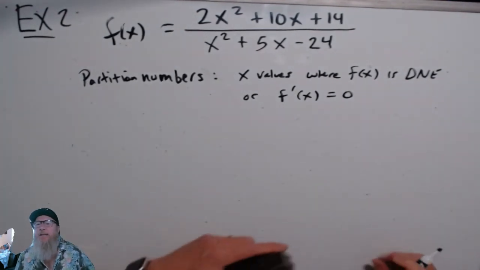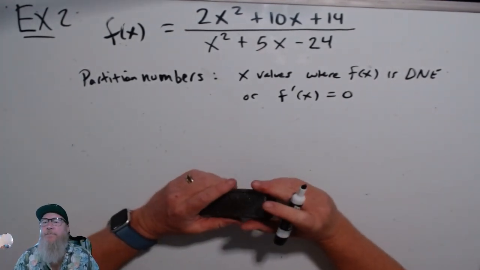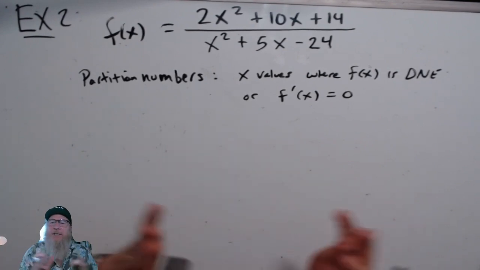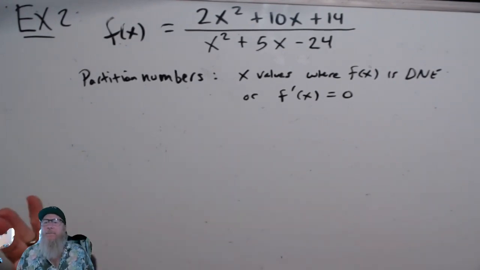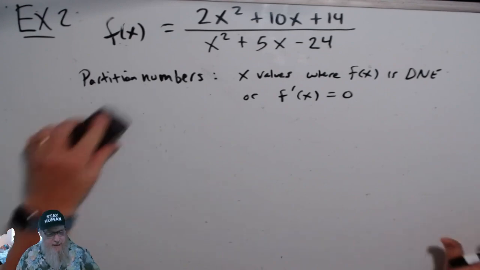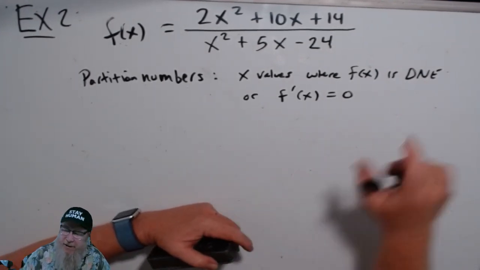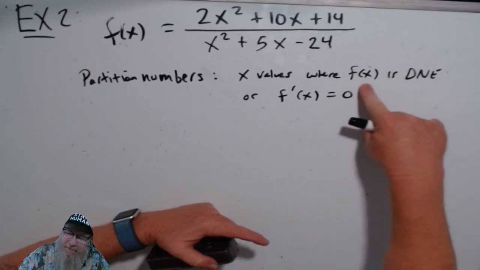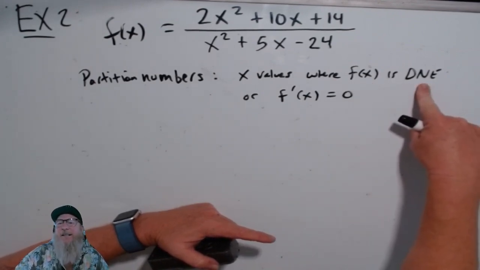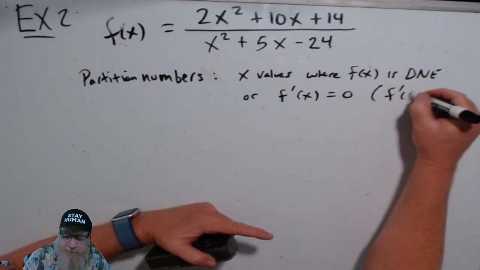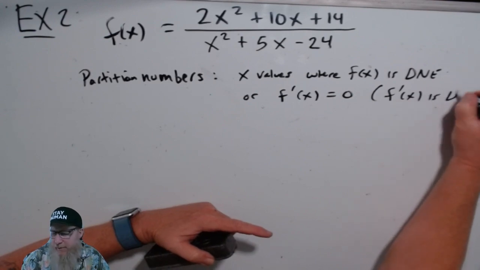We call those partition numbers. So that's going to partition our x-axis into various regions. I should also mention that if f of x does not exist, that also means that f prime would not exist also.